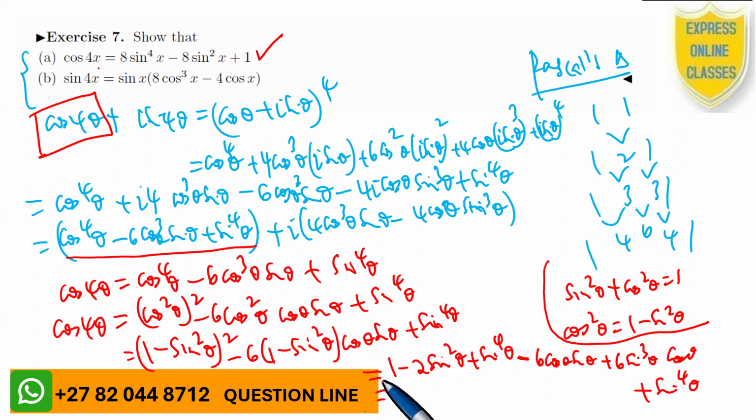So there's a 1, which is 2 sine to the power 4 of theta, which is minus, now this minus 2 of this. So you can actually expand that.